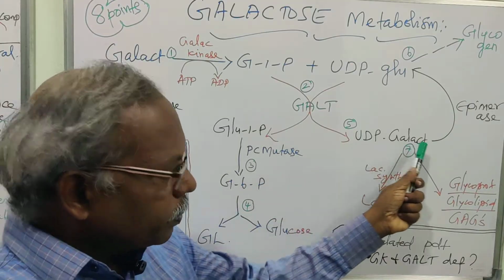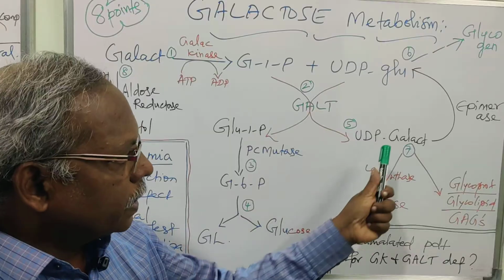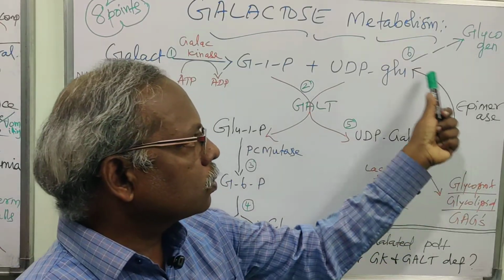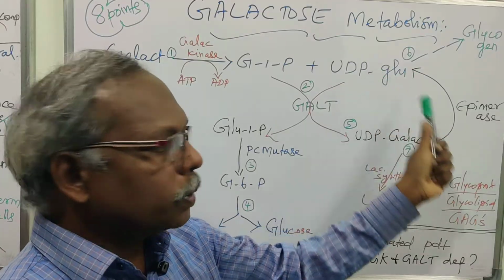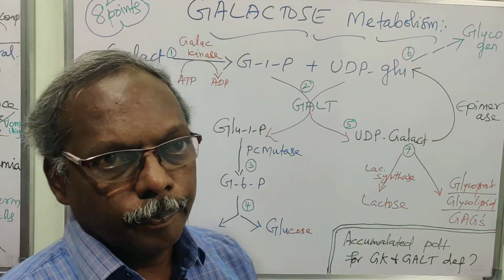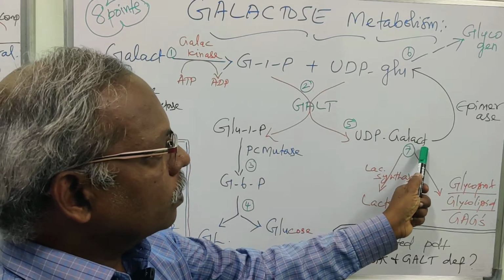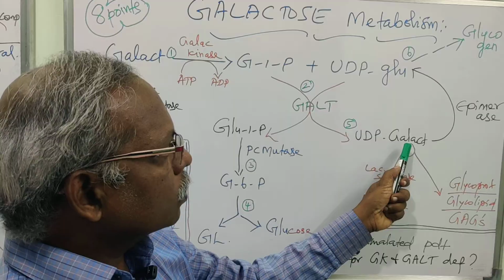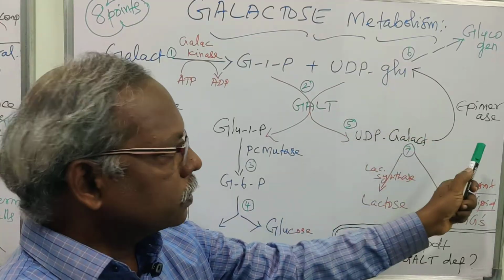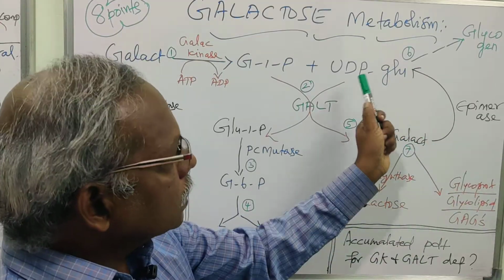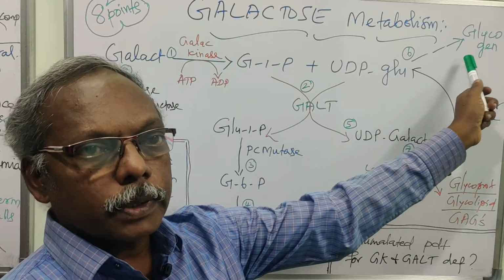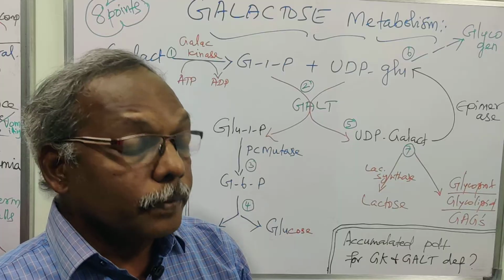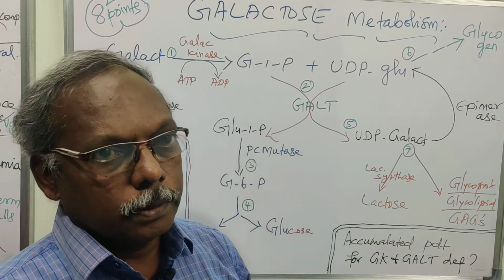The second product is UDP galactose. What will be the fate of this? There are two fates. One is that UDP galactose is converted again into UDP glucose by epimerase. Epimerase means one monosaccharide converted into another, that is UDP galactose will be converted into UDP glucose with the help of epimerase, and this UDP glucose, depending upon the concentration, will be deposited, converted into glycogen.